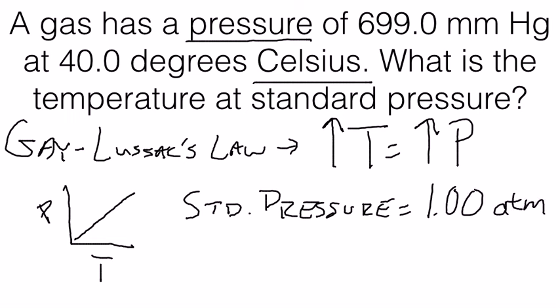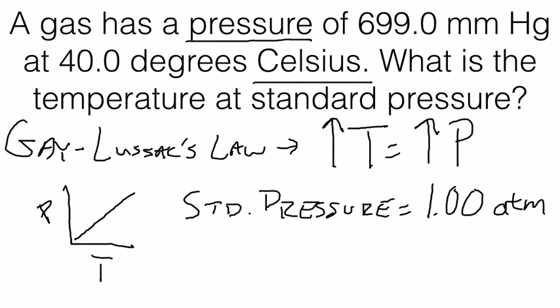It's always true. If it was asking about a gas at STP, remember that STP stands for standard temperature and pressure. Standard temperature for a gas is 273 degrees Kelvin. And so we can make the assumption that this gas is at 1 atmosphere since it tells us that it's at standard pressure.